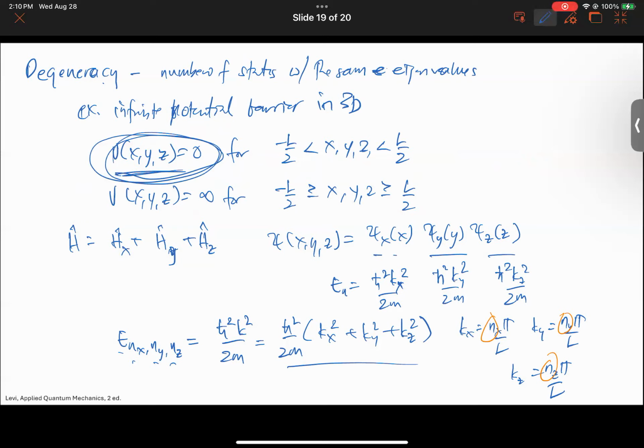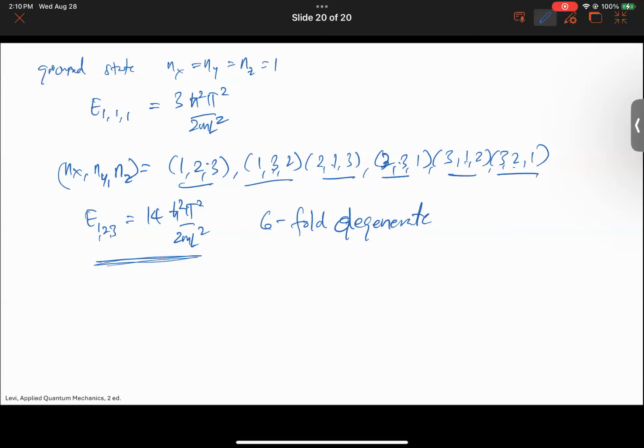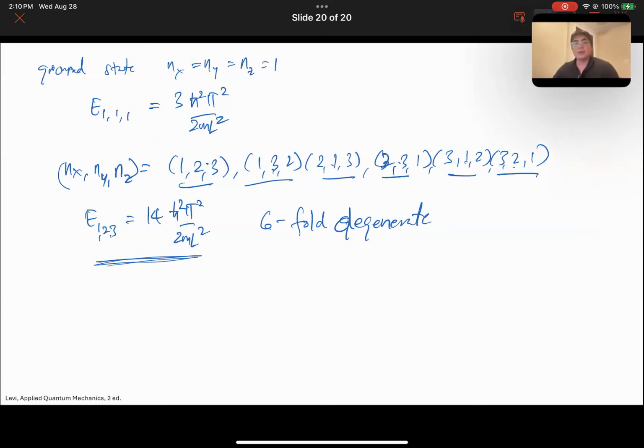So if we reduce or break the level of symmetry, the degeneracy is also reduced. Okay, so that's it for today. Next meeting, we'll discuss a few more examples where we can apply Schrödinger's equation.